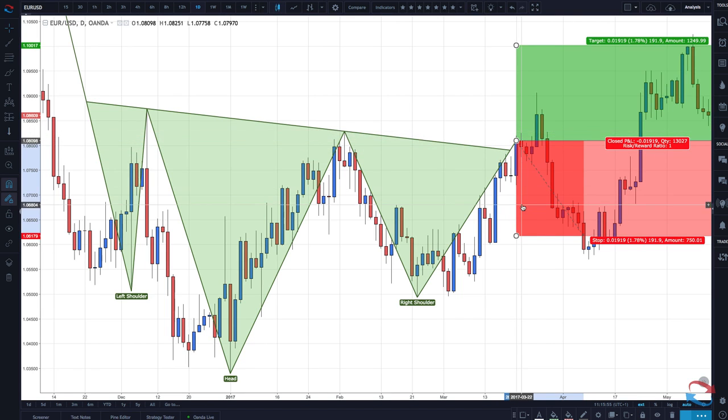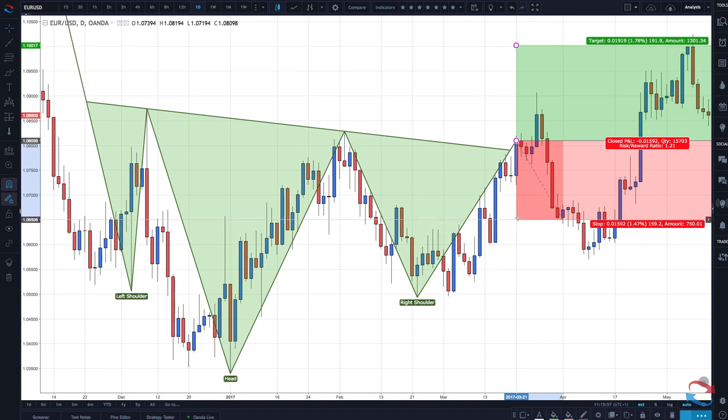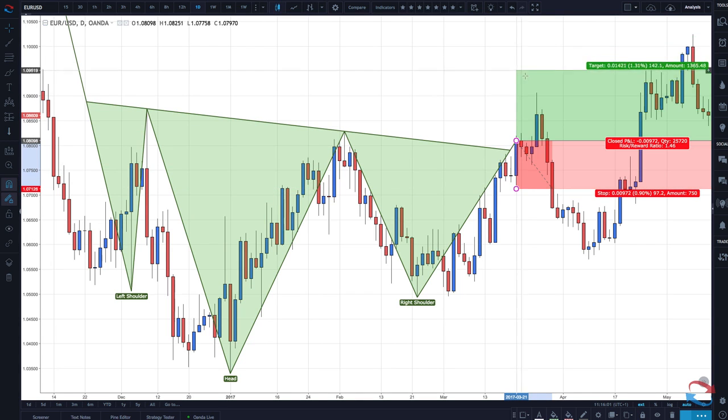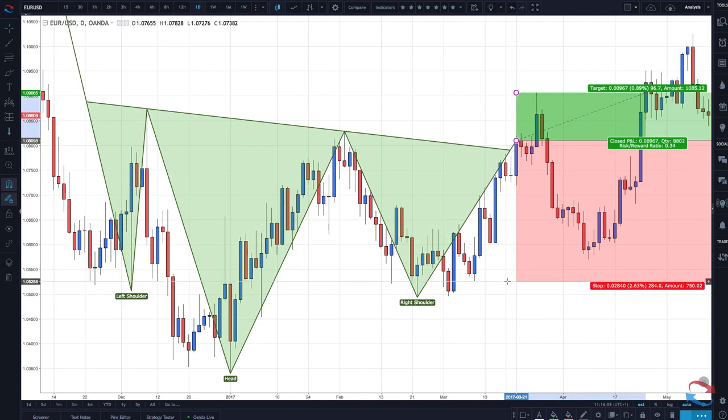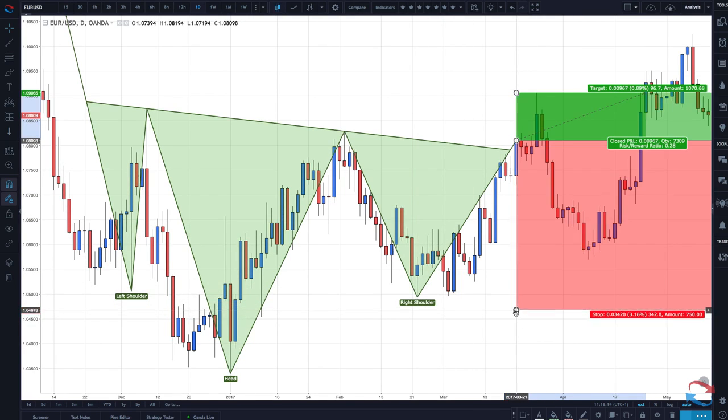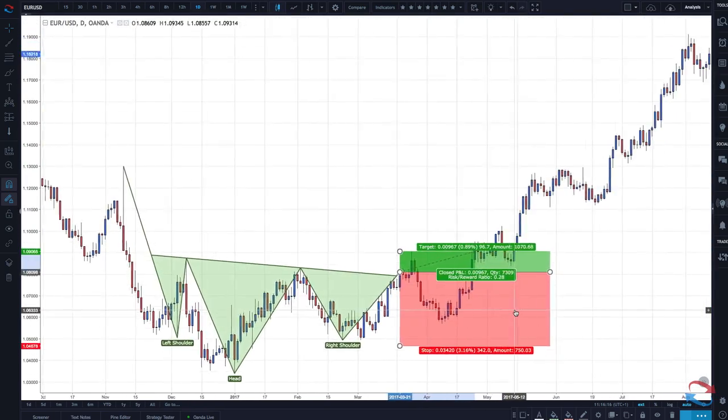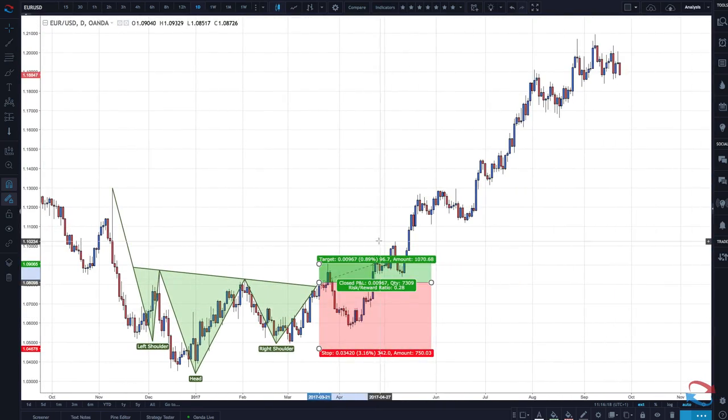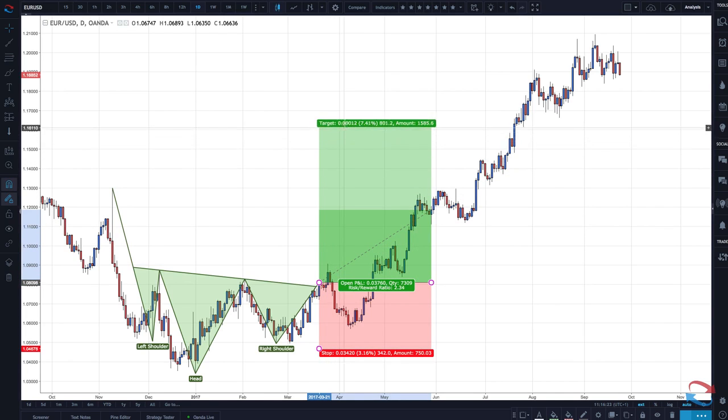The break of the neckline, again, traders, if they would have put their stop maybe at the low or just below the low, they may have got away with possibly a one-to-one risk reward. But what you really want to do is put your stop below the right shoulder as really a minimum, to be fair. And then what we have is prices continued to move higher.